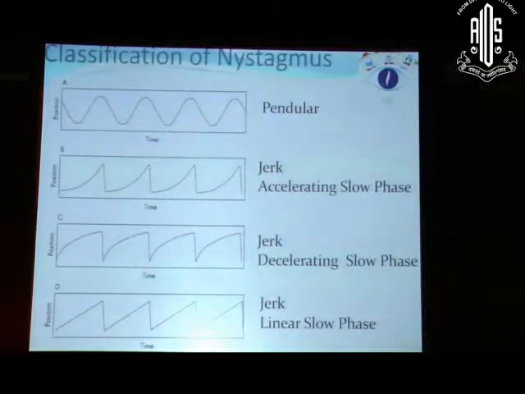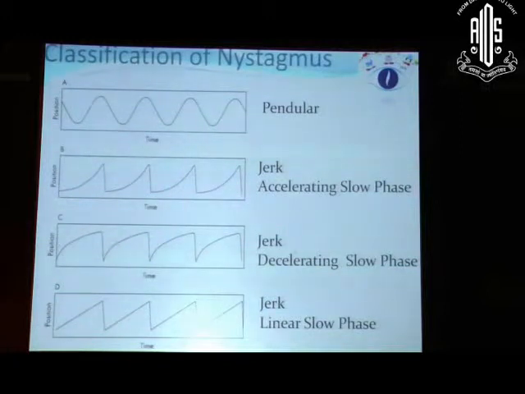You have the second panel which is showing a slow phase in a jerk nystagmus which is of accelerating type, which is quite typical of infantile nystagmus syndrome. Third, a very important thing that comes out of doing a video nystagmography is it tells you about the presence of latent nystagmus, which is now called the fusion maldevelopment nystagmus syndrome, which has got a very typical decelerating slow phase that you see over here.